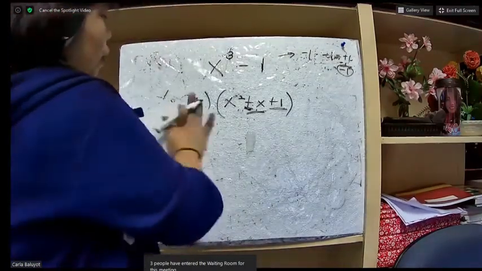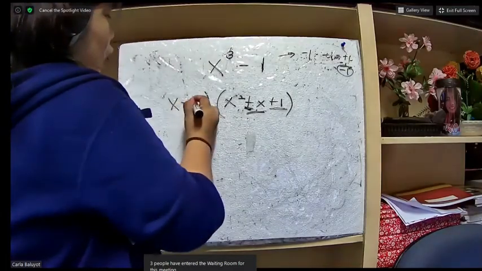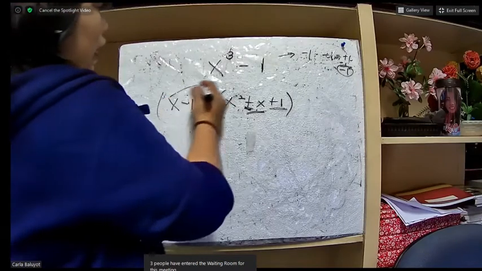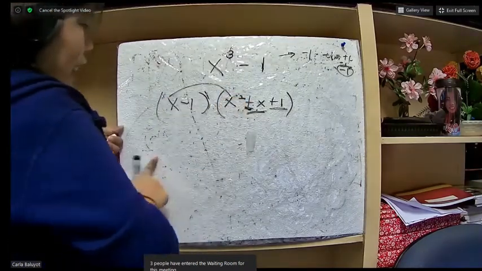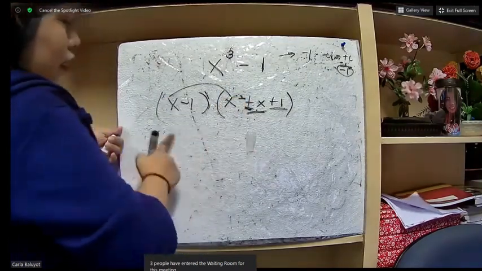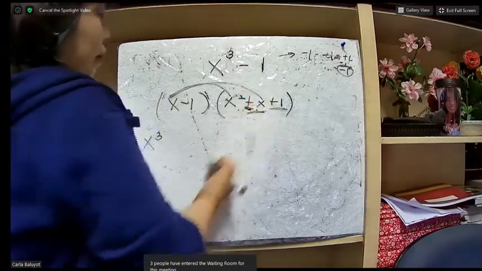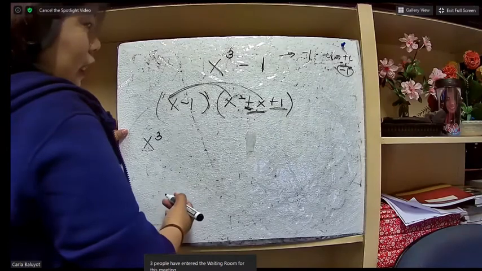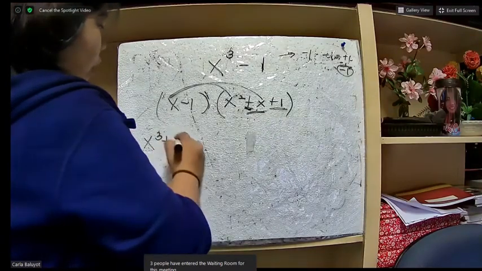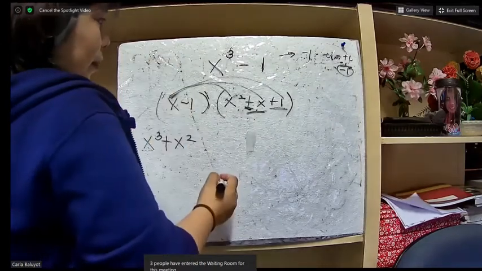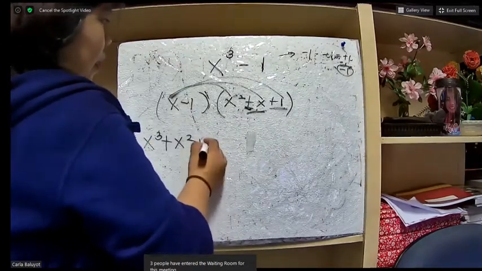Okay, so let's check po. Check natin kung tama yung mga pinagagawa natin sa life. Okay? X times x squared is x cubed. Next, x times x is x squared. Next, x times 1 is x. Okay?